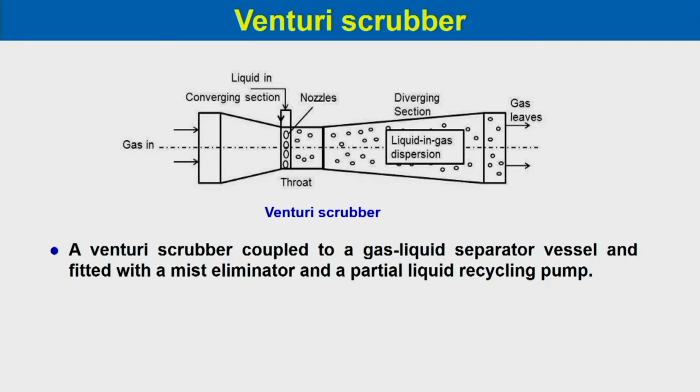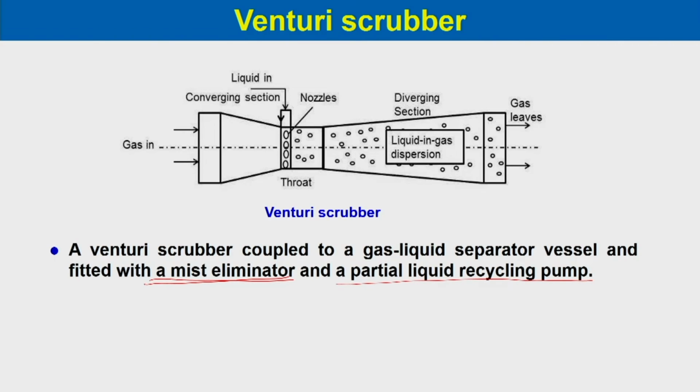A venturi scrubber coupled to a gas-liquid separator vessel and fitted with a mist eliminator and a partial liquid recycling pump. So, after the gas-liquid intimate contact or mass transfer happens, we need a separator to separate the two phases, and you also need a mist eliminator after that, and then a partial liquid can be recycled back.